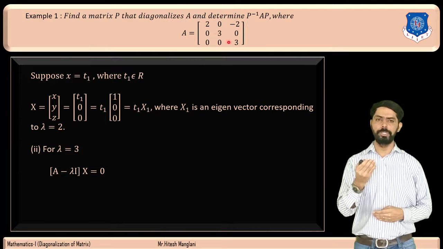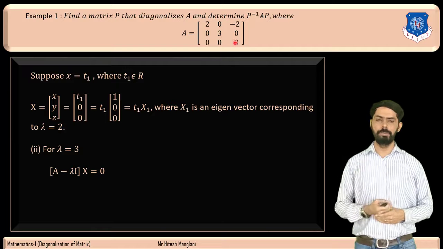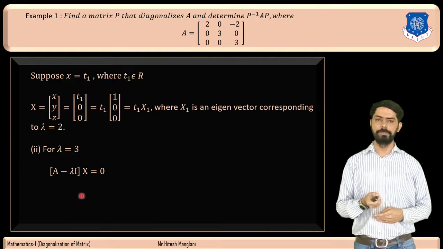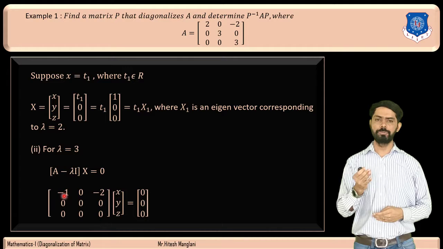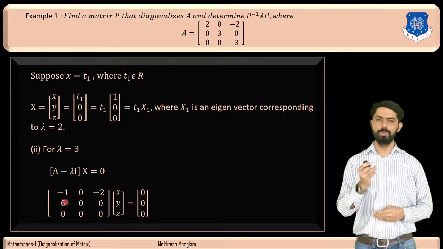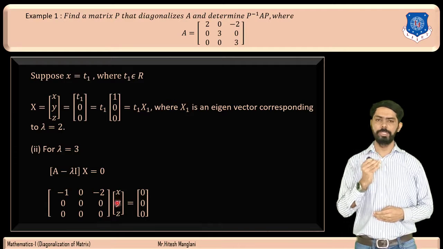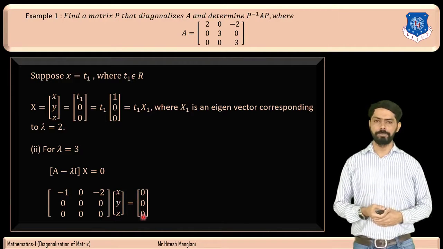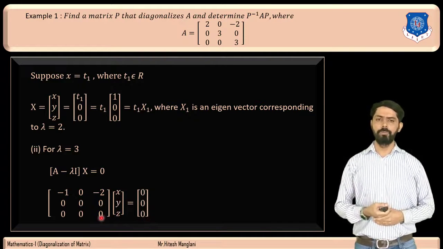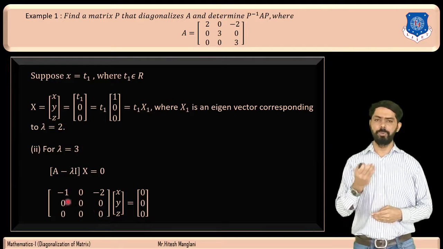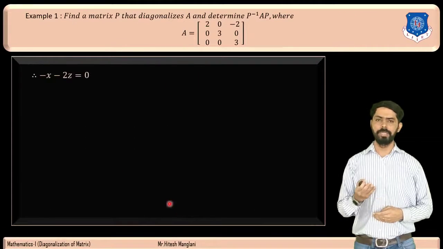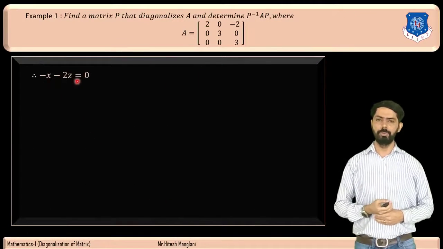So 2 minus 3 is minus 1, then 3 minus 3 is 0, then 3 minus 3 is 0. Therefore the matrix is minus 1, 0, minus 2, then 0, 0, 0, then 0, 0, 0, into x, y, z equal to 0, 0, 0. Now we will write the equation from this matrix. From the first row, the equation is minus x minus 2z is equal to 0.